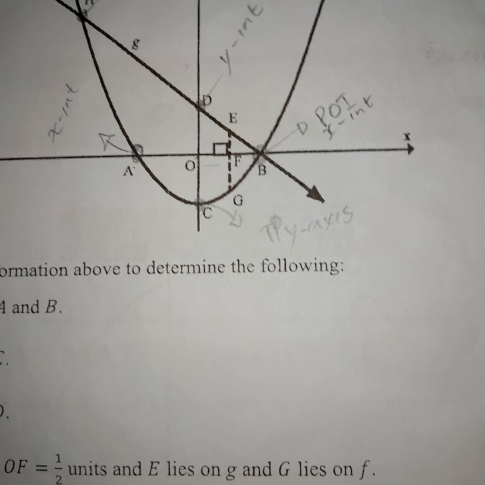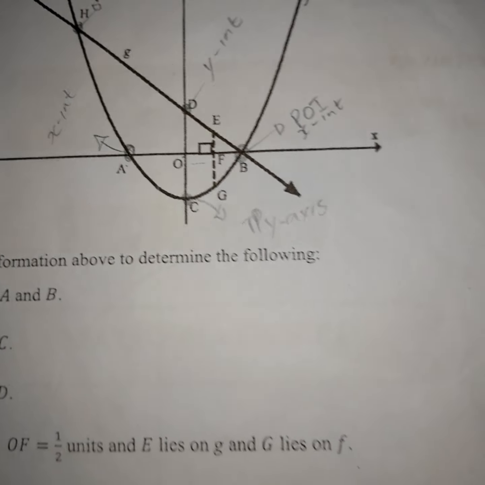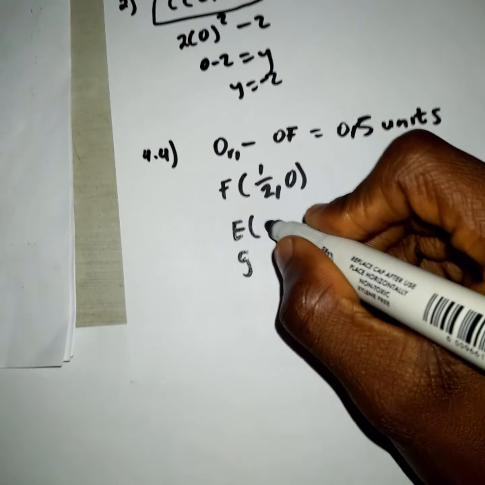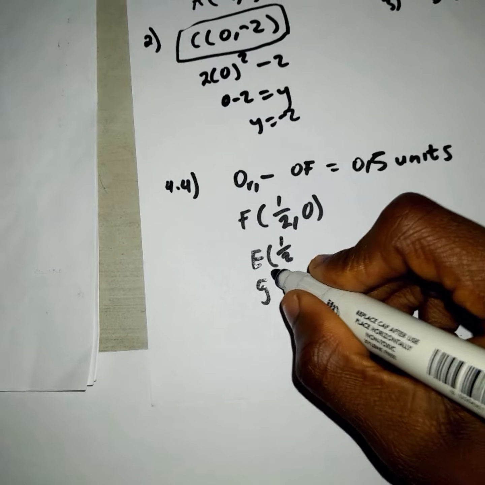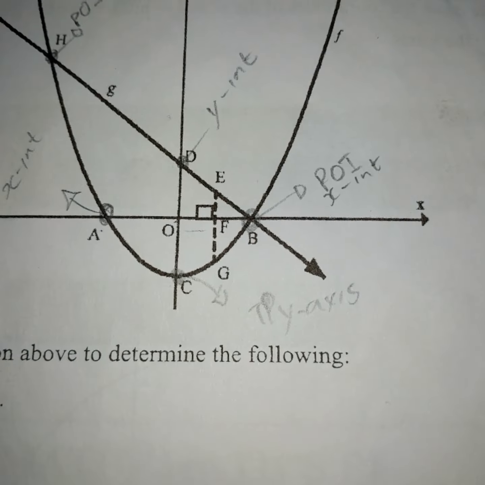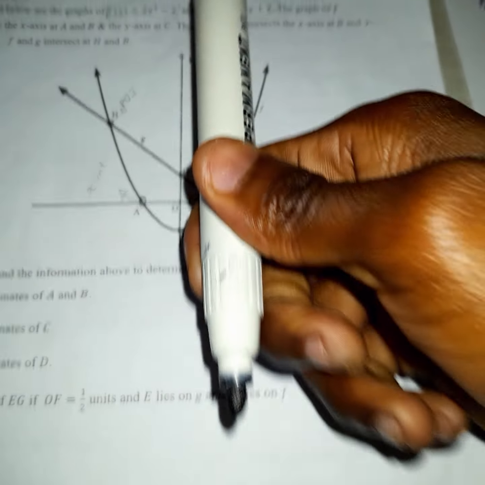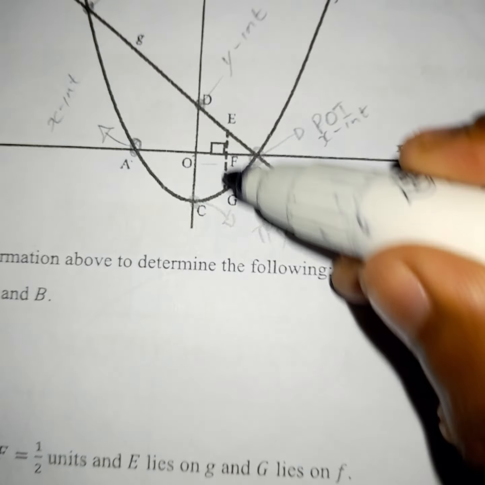So the x value of F and G are equal, and the x values of E and G are the same, because it's more or less like a vertical line. It's a straight line like this. Now we need to find the coordinates of E and G. We have found the x values, so we must find the y values.